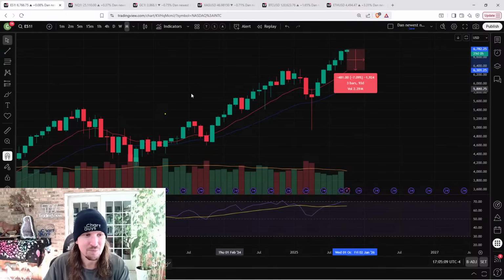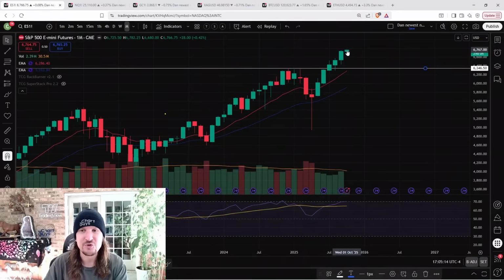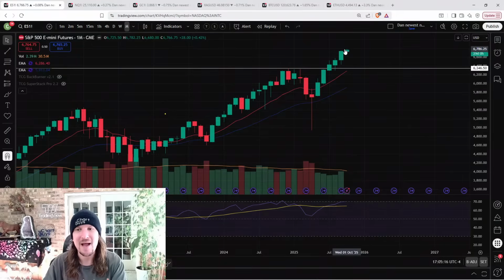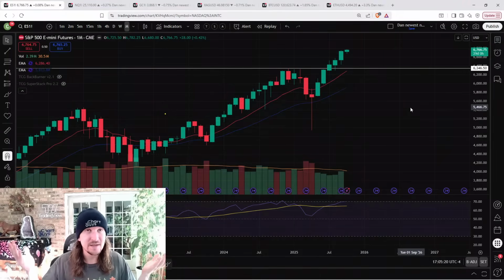A back test to the previous all-time high, that's a 6% pullback. I just remind you of that so that we can mentally prepare that eventually we're going to be down 5% plus from the all-time highs. It's going to feel like a top, but we're going to be looking for monthly higher lows, and we have to keep that in the back of our mind.